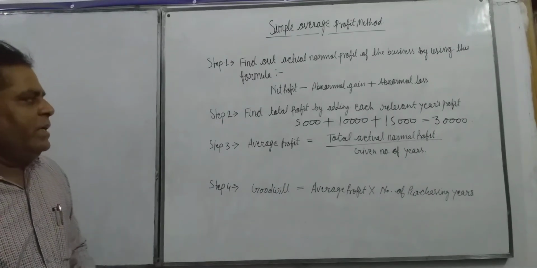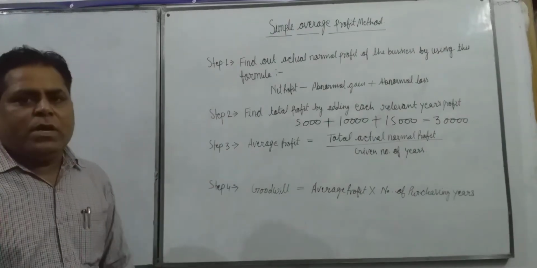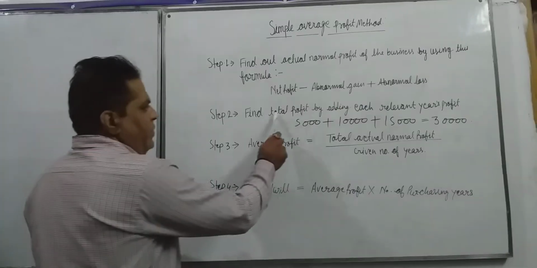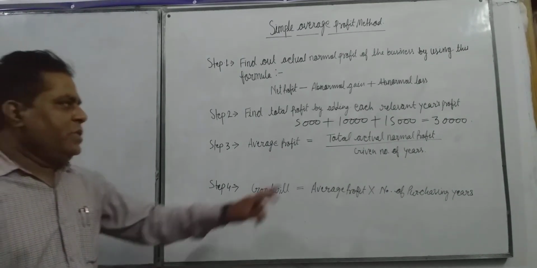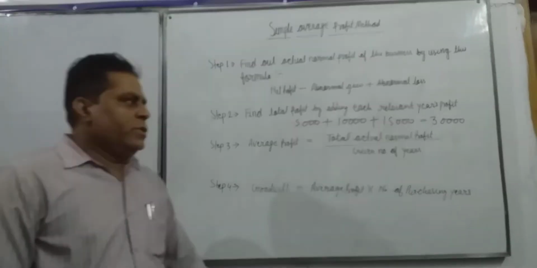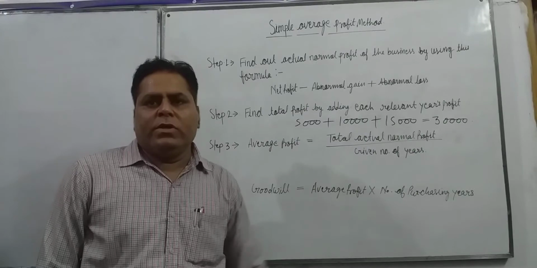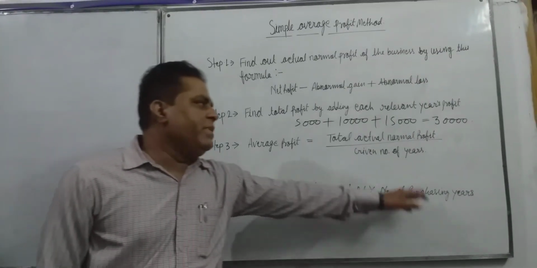After finding the total profit of the business, find the average profit. How will you find the average profit? Simply divide the total profit by the given number of years. If we have 3 years' profit, divide by 3. If we have 4 years' profit, divide by 4. If we have 5 years' profit, simply divide by 5.